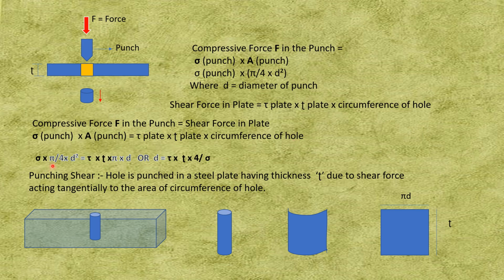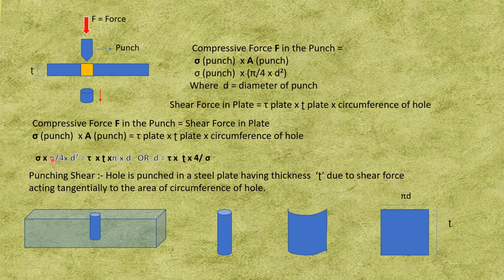Now if I substitute the values, it is sigma into area of punch, pi by 4 d square, equal to tau, the shear stress of the plate, into t, the thickness of the plate, into the circumference of the hole, pi d. Now this pi d and this pi d get cancelled.